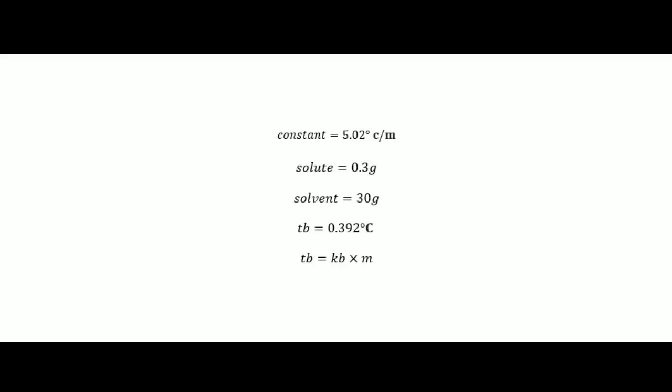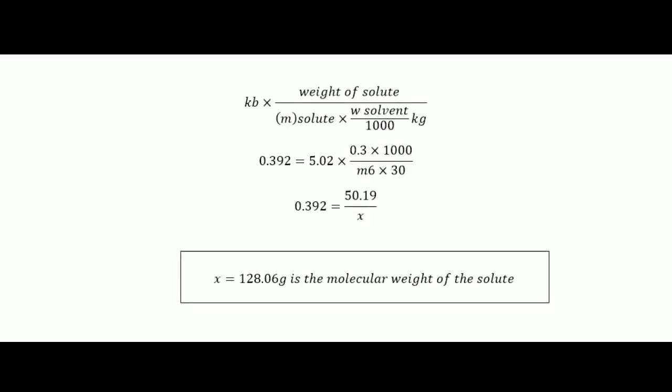Then the equation is the boiling point elevation is equal to the molal boiling point elevation constant times the molality of the solution. Then we're going to perform the equation. 0.392 is equal to 5.02 multiplied by 0.3 times 1000 all over 30.